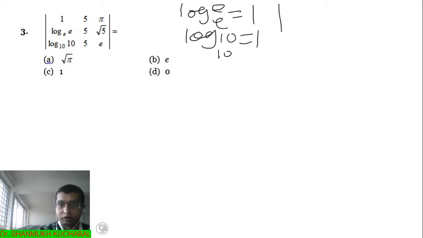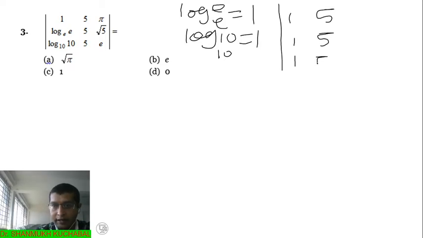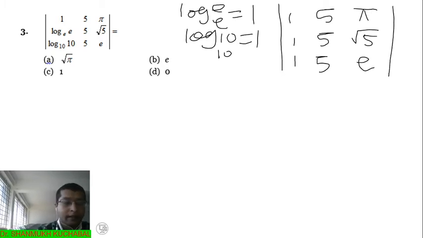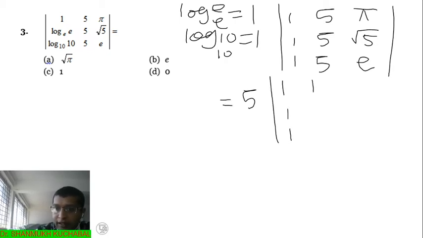This value I substitute in the determinant, so we get 1 1 1, 5 5 5, then pi root 5, and then e. Okay, so now I take 5 common from the second column, 1 1 1. So we get here also 1 1 1, pi root 5 and e.